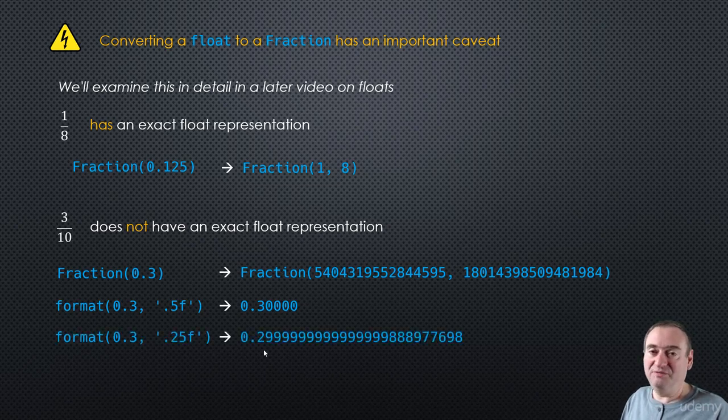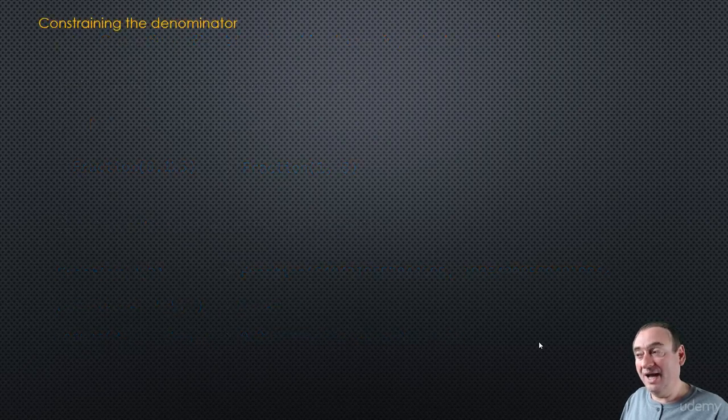If we go to 25 digits after the decimal point, this is the number that's actually being stored, not 0.3. Now that would not be the case with 1/8. With 0.125, it would be 0.125 and then all zeros after that. And we'll get to why when we cover floats. So that's really important to remember, and that's why we got that huge fraction.